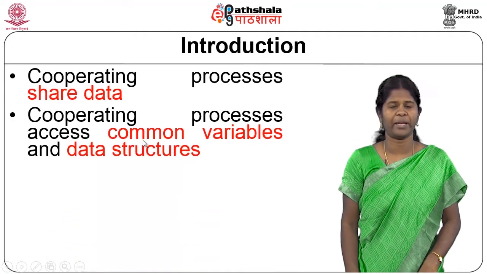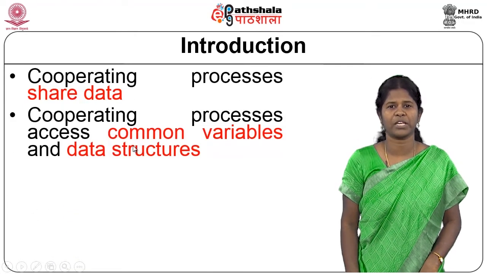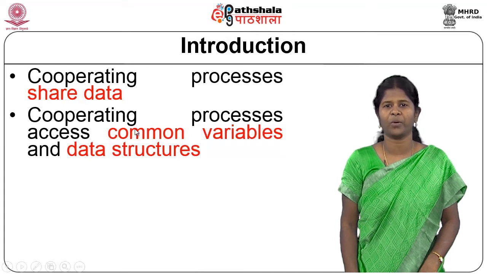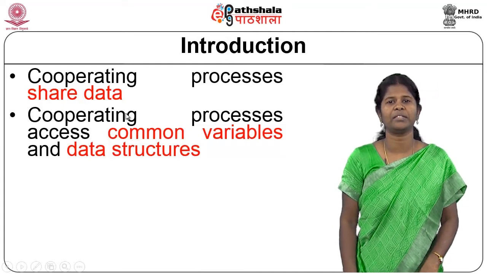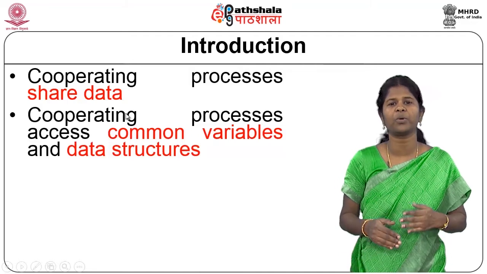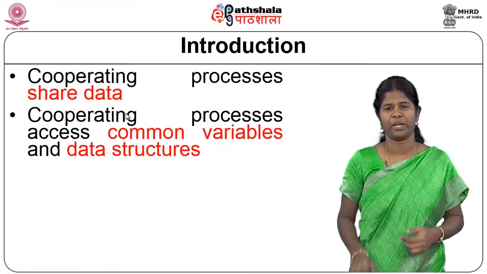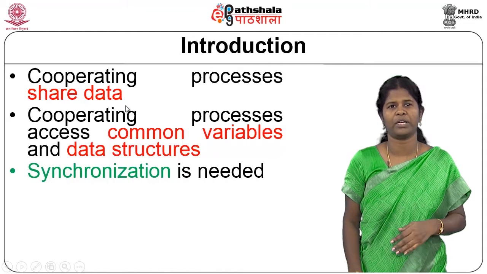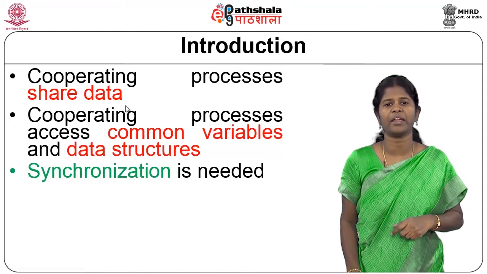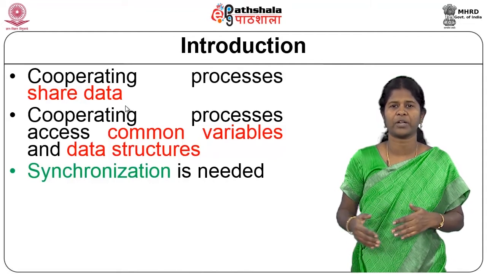So, we have been looking at cooperating processes. Cooperating processes, we all know that they share data, and when they need to share data, the sharing of data is through common variables or through common data structures. And when processes share common data structures, it is necessary for processes to be synchronized.